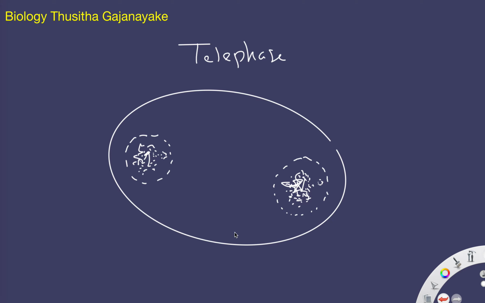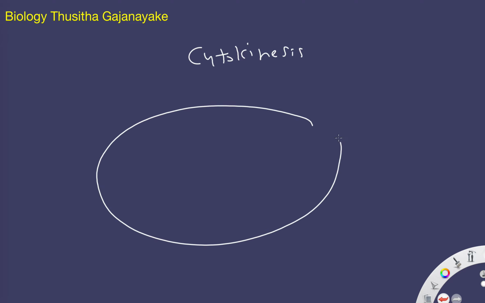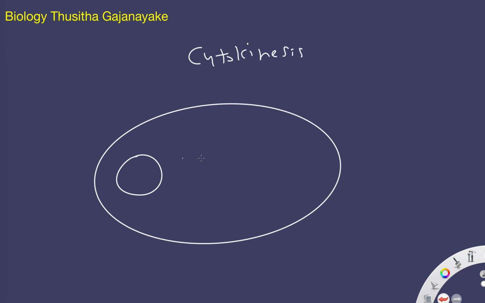Now when this event is completed, I think we can add the last stage or phase, cytokinesis, because cytokinesis is quite a simple step. In cytokinesis, the two nuclei are here, and the cell is going to divide in the middle.